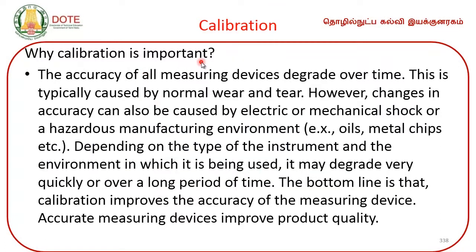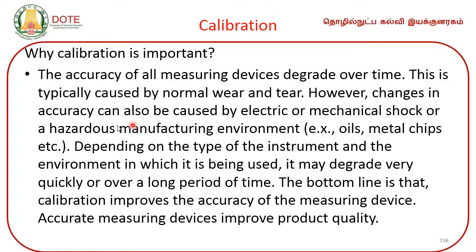Why is calibration important? The accuracy of all measuring devices degrades over time. Why should we calibrate periodically, once in a year or once in two years? Because when we use the instrument, due to wear and tear, the instrument performance degrades over time. This is typically caused by normal wear and tear.